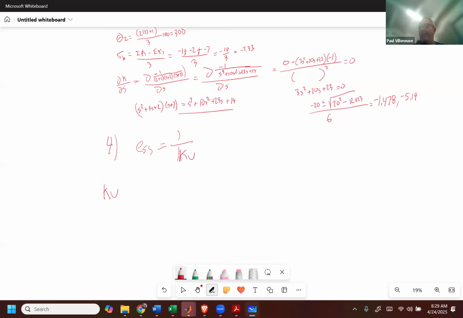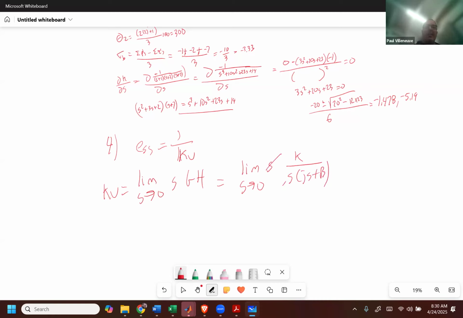And K sub v is going to be equal to the limit as s approaches 0 of s times your open loop gain. Your open loop gain here is going to be equal to K over s times (Js plus B).